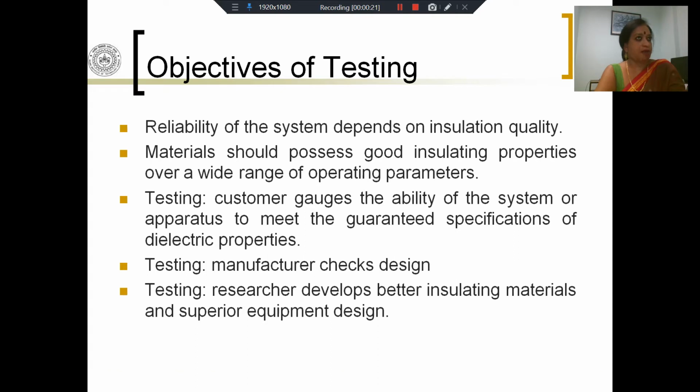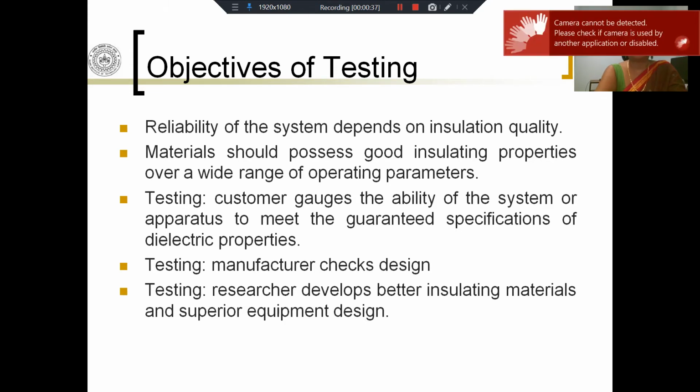We are aware that any apparatus that we use in power systems, if it is to be reliable, will largely depend upon the insulation quality. If the insulation fails, the equipment, no matter how well designed it is in other aspects, is not going to be reliable.